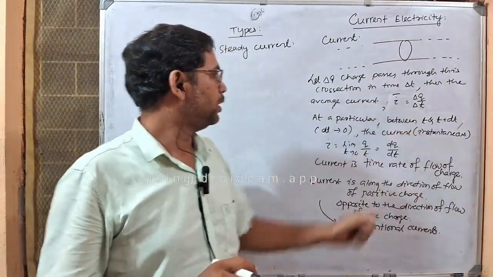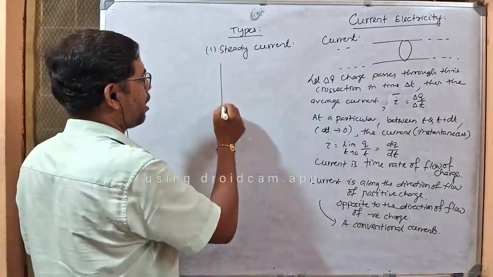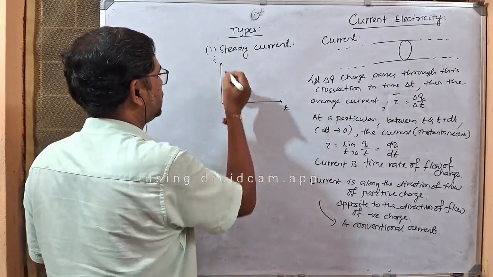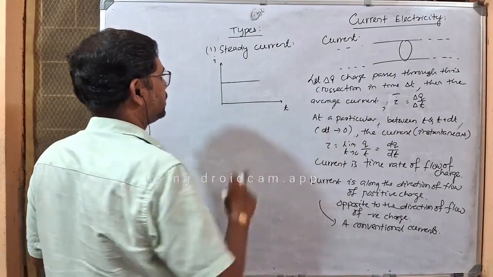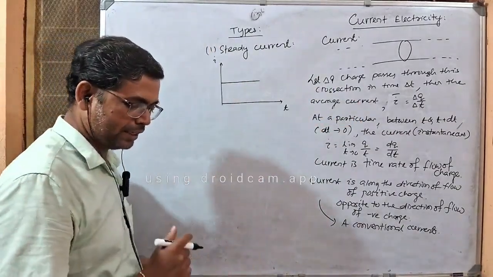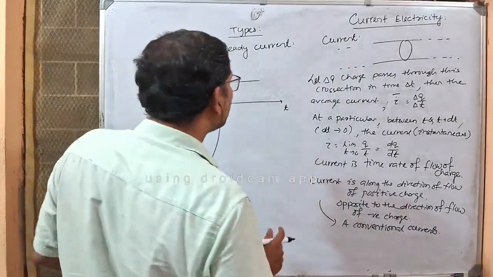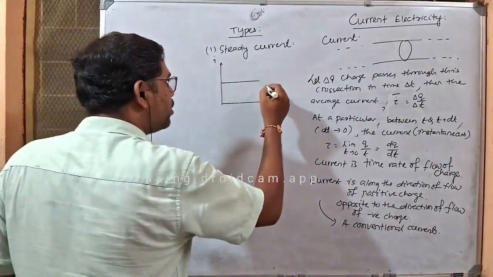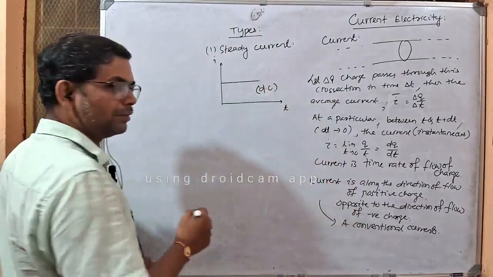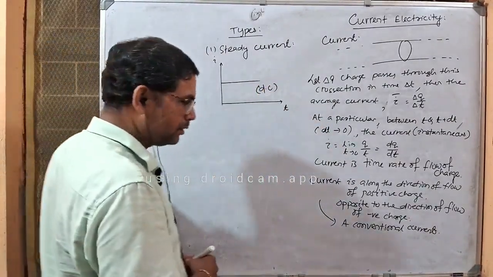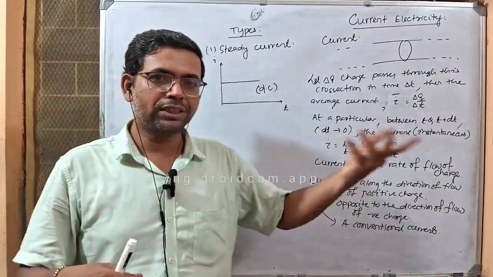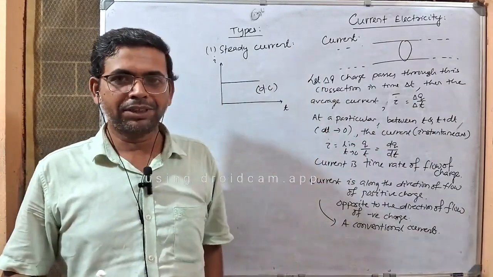If I draw a graph, this is time axis, this is current axis. So current is always at the same value each time. So this is nothing but steady current. This current we know as DC current, direct current. When you connect a battery to a circuit, the battery gives a steady current.